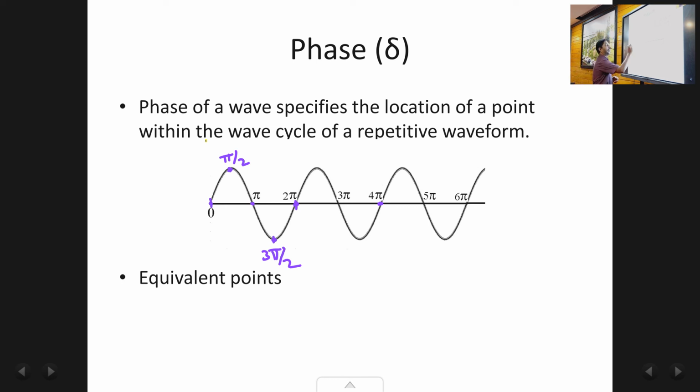What I mean by this is that at 0, the wave is just about to start its positive cycle. The same thing is happening at this point also. At 4 pi, at 6 pi also the same thing is happening. The wave is about to start into its positive cycle. So we say that points like 0, 2 pi, 4 pi and so on are equivalent.